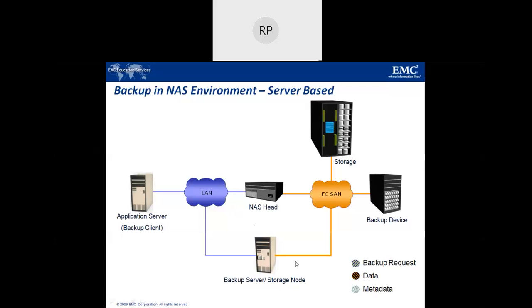Now the next concept is how to take a backup in a NAS environment. There are 4 different ways in which you can take a backup in a NAS environment. Now we are going to discuss those 4 ways one by one.